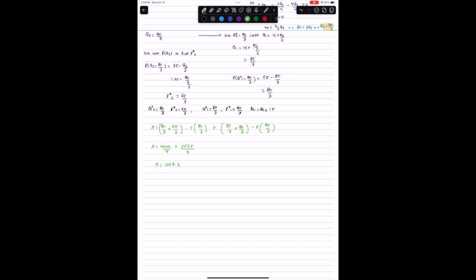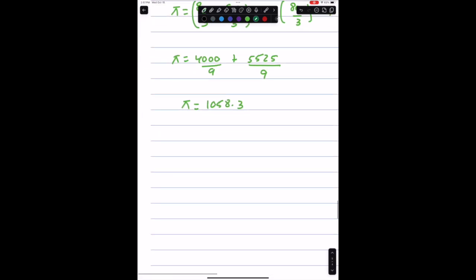We know that 1,058.3 is less than 1,075, which was the original profit with no price discrimination constraint.